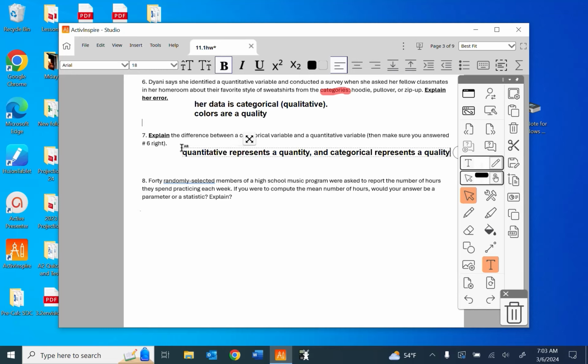40 randomly selected members of a high school music program were asked to report the number of hours they spend practicing each week. If you were to compute the mean number of hours, would your answer be a parameter or a statistic? This would be a statistic.